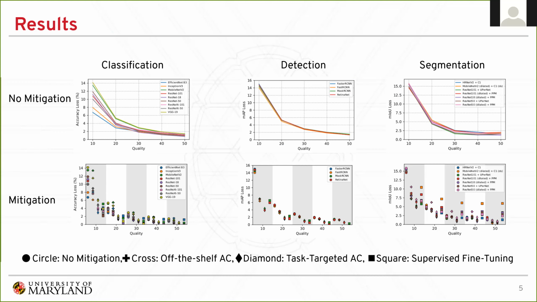So an interesting thing to note here is that the diamonds and squares are more or less on par with each other, but the squares are generally a little bit better for classification. For detection, that story changes a little bit, because now the diamonds are doing a little bit better at the low qualities, and then for semantic segmentation, it's just better to use task-targeted AC. It's almost exclusively better than supervised fine-tuning.